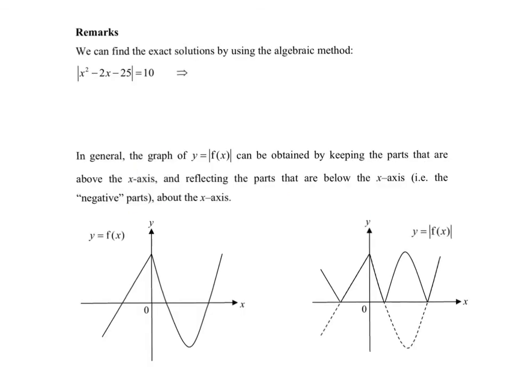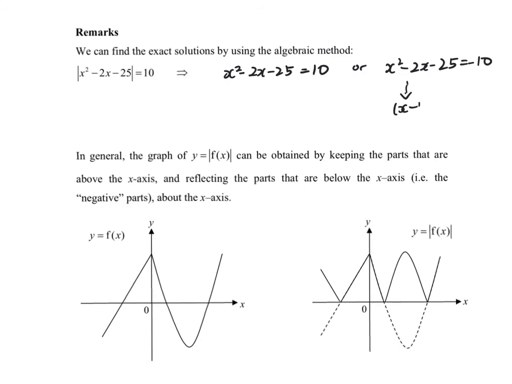Of course, we can also solve it by using the algebraic method. I can use the same approach as in part 2, that is, equate to 10, or x squared minus 2x minus 25 equals negative 10. Now solve this on your own.